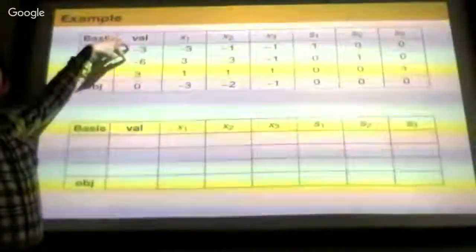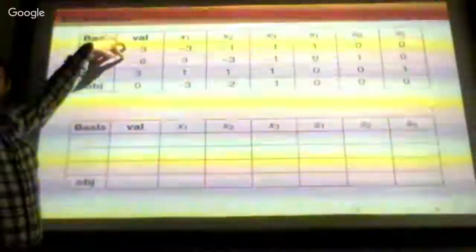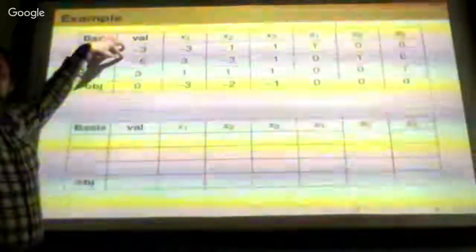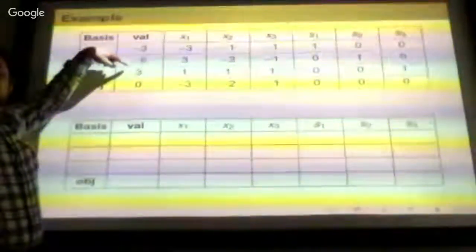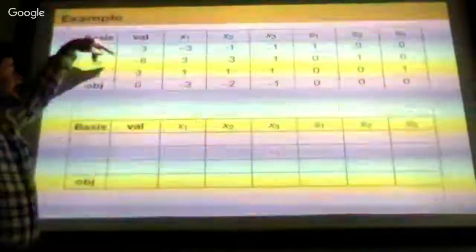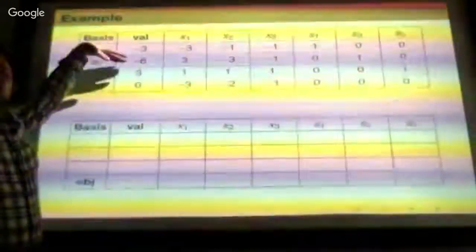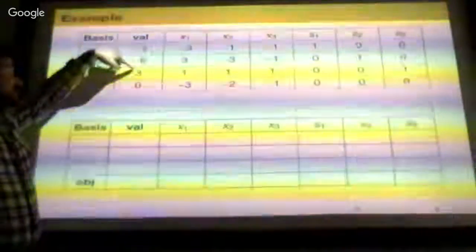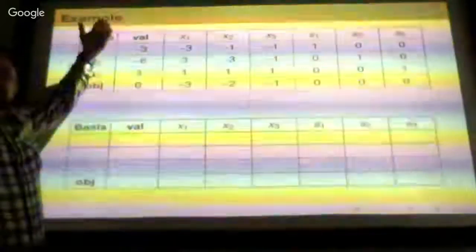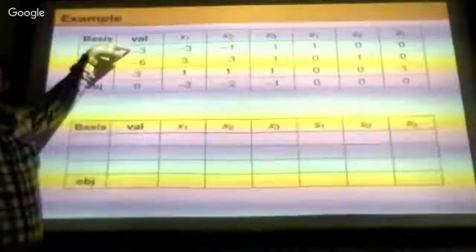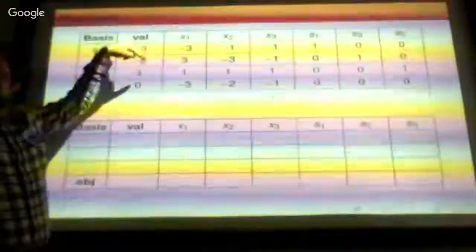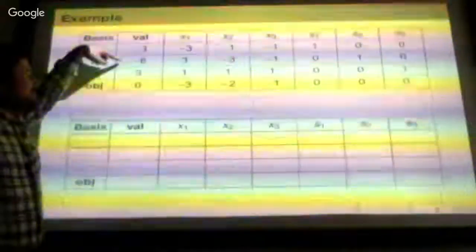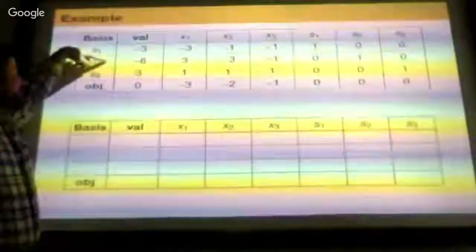If they're negative, we want to get rid of them, because we want a feasible solution, and the feasible solution has to have non-negative values in the val column. So we select one of the negative ones. Perhaps the -6 is the natural choice because it's more negative than the other one. Well, there is such a thing as more negative. And we want to pivot in the S2 row.